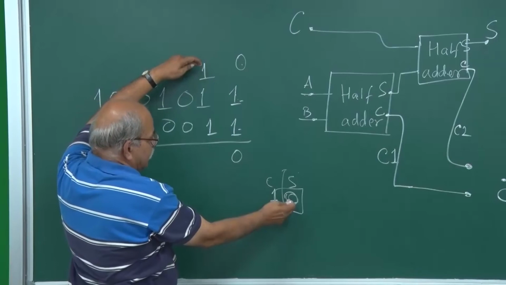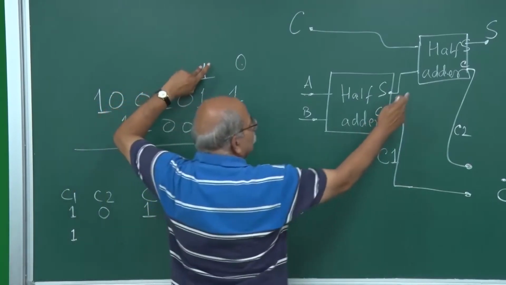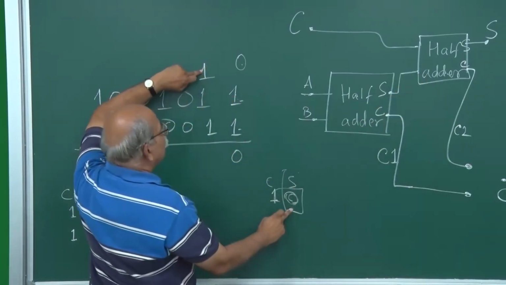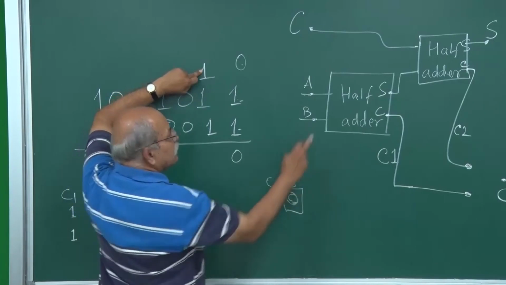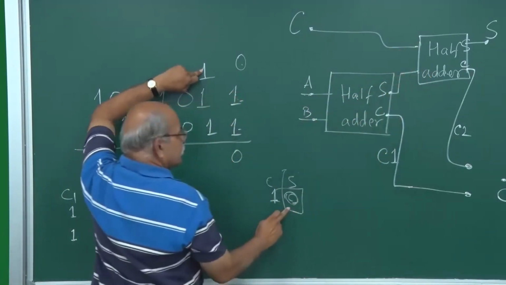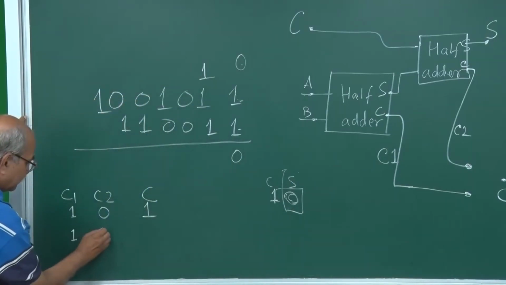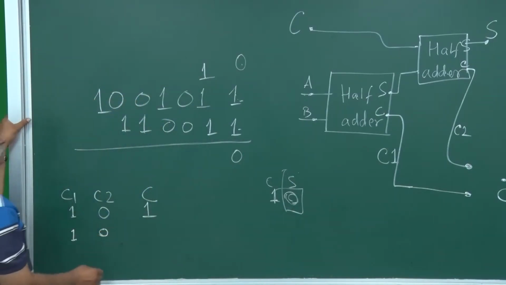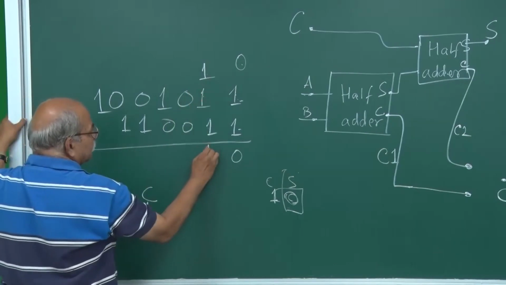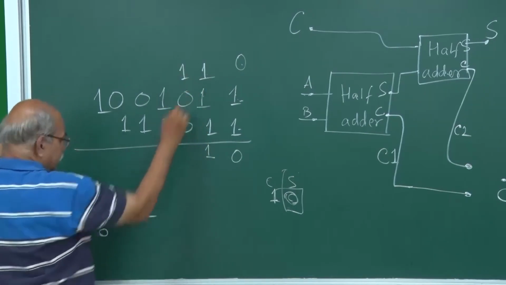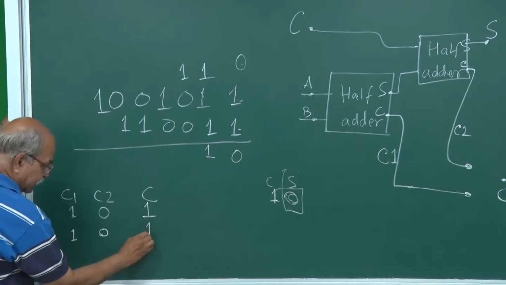So 1 and this 0 go into this half adder. If 1 goes here, 0 goes here, the carry is 0. So C2 is 0. And then it will be 1 here, so your C is once again 1.